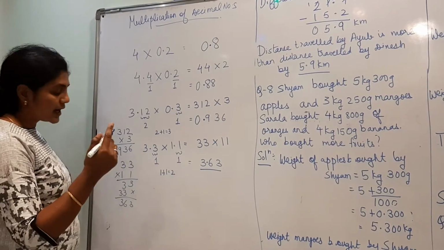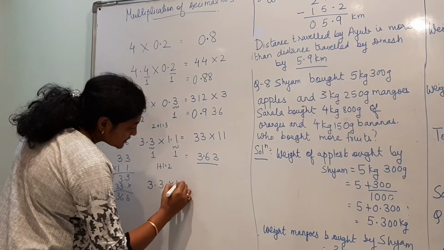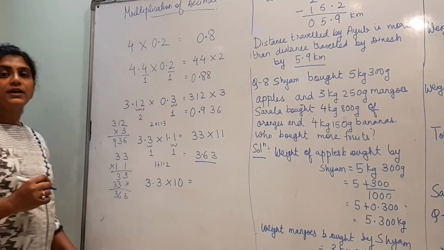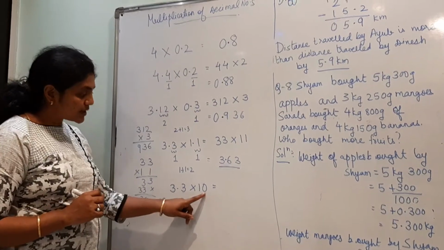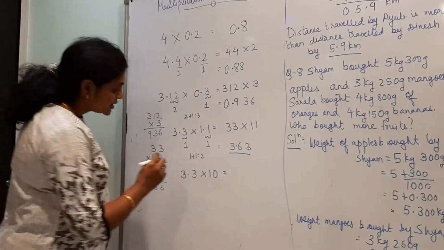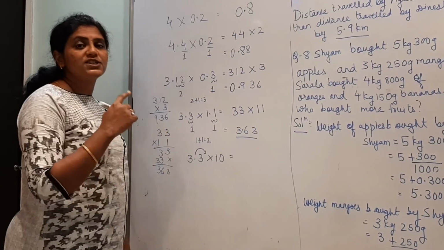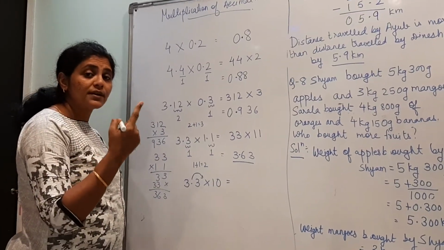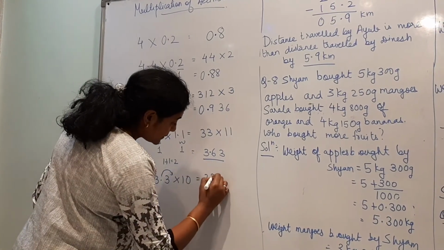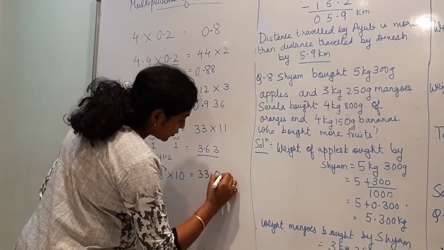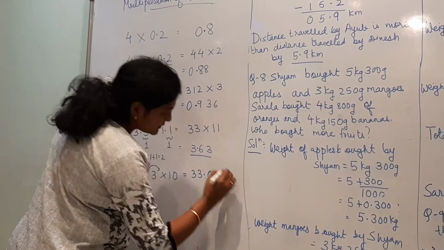Yes. Now another is, if I multiply 3.3 with 10. Multiplication with 10. How many zeros? 1. So in multiplication, the point will be shifted to the right. So 10 means here it will be 33.0 or 33.